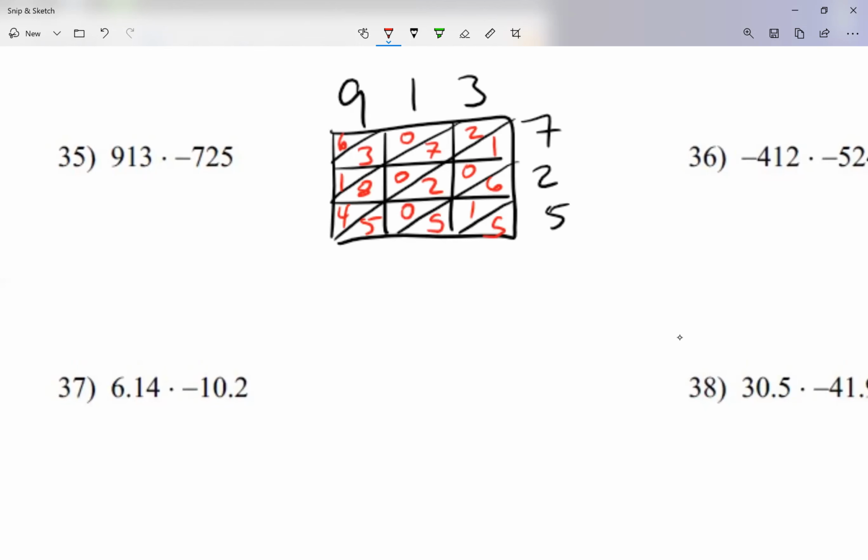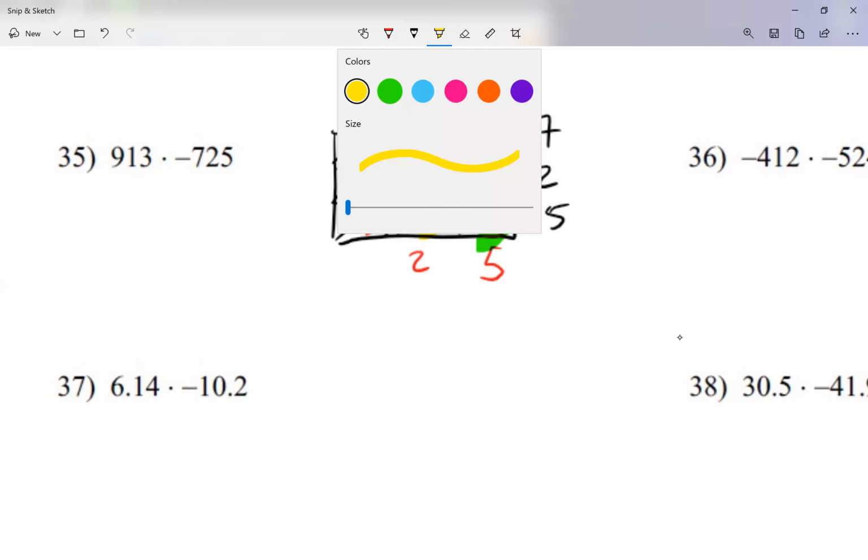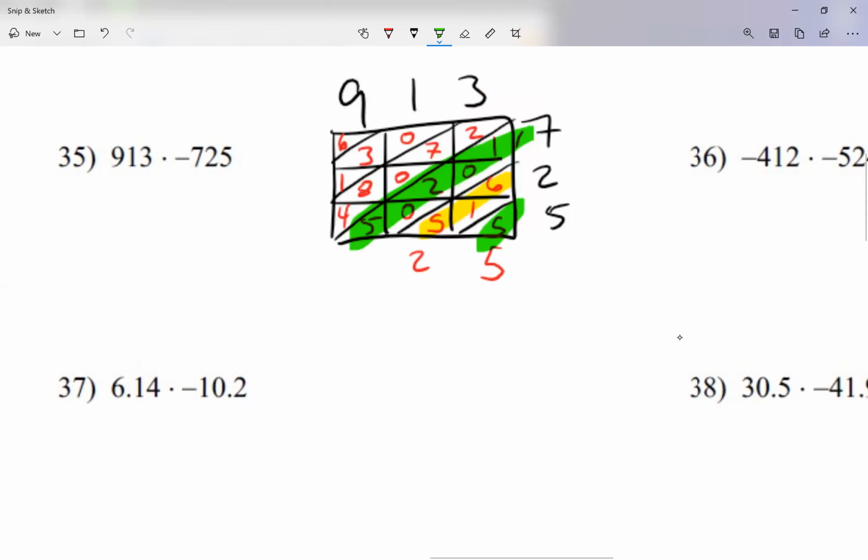My answer is going to come wrapped around my box. My first row is just the 5. What I mean with row is this row. My second row, let me add my digits. 6 plus 1 plus 5, that's a 12. So I'm going to write the 2, carry down the 10. See, my next row is this one. Let me add the digits. That gives me 9.